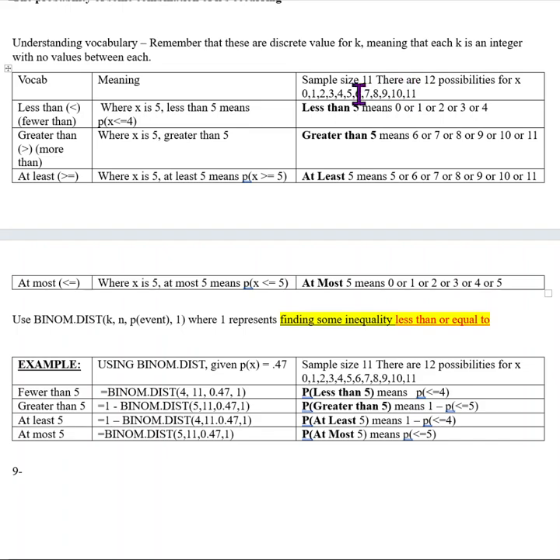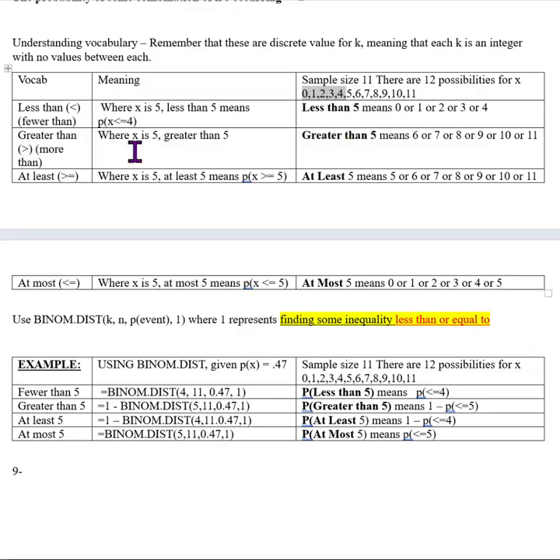So the probability of less than 5 is either getting 0 or 1 or 2 winning, 3 or 4. There's no 4.9 to choose from. If you bought 11 tickets, either there's a winning ticket or there's not.